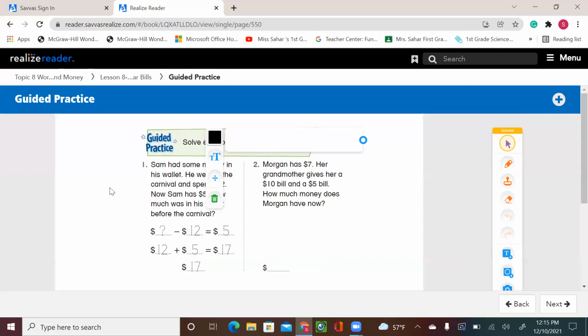She has $7. So let's put 7. And then her grandma gave her 10 and 5. So I'm going to say plus 10 plus 5. Now I know that 10 plus 5 equals 15.